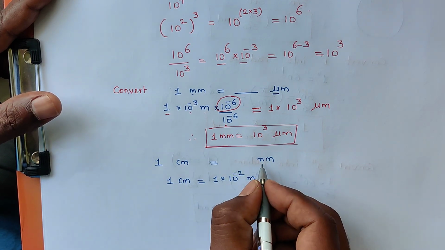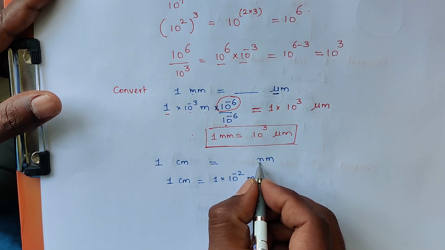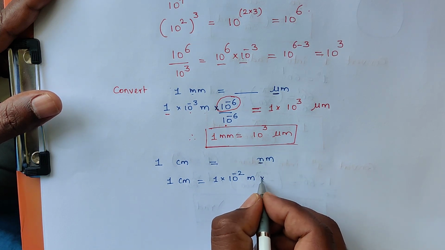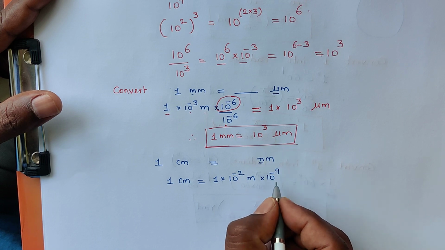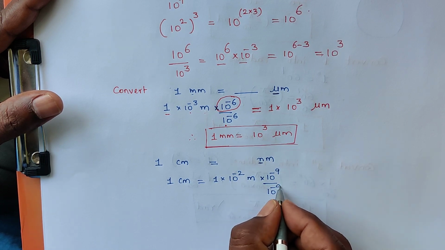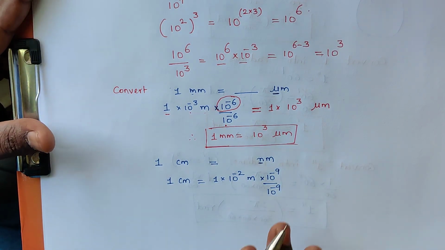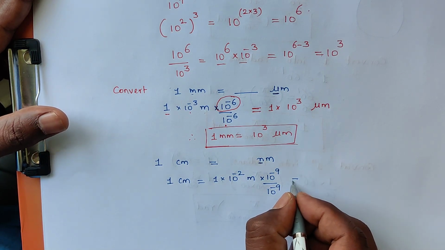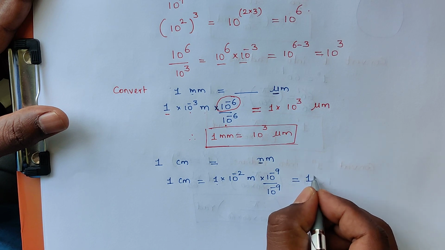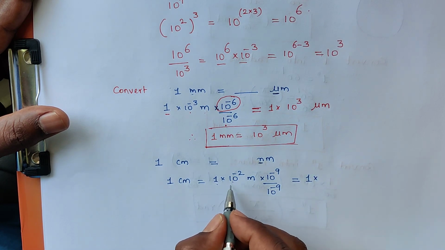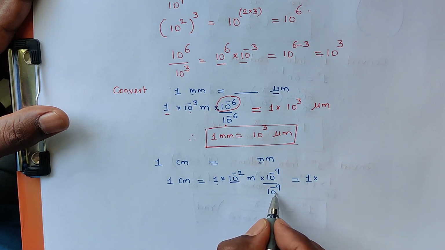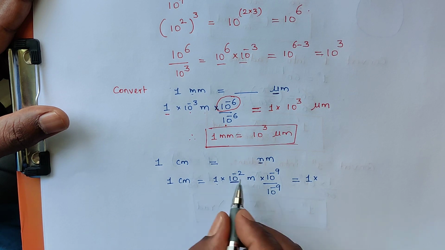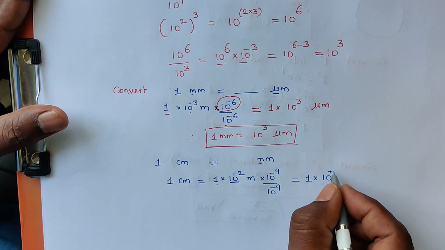In what unit do we need the answer? We need it in nanometers. What is nano? 10 to the power of minus 9. So divide and multiply with 10 to the power of minus 9, so there is no change in the final answer. 10 to the power of minus 9 divided by 10 to the power of minus 9. So here, what am I taking? 1 as it is, 10 to the power of minus 2 divided by 10 to the power of minus 9, that is 10 to the power of minus 2 plus 9, 10 to the power of plus 7.